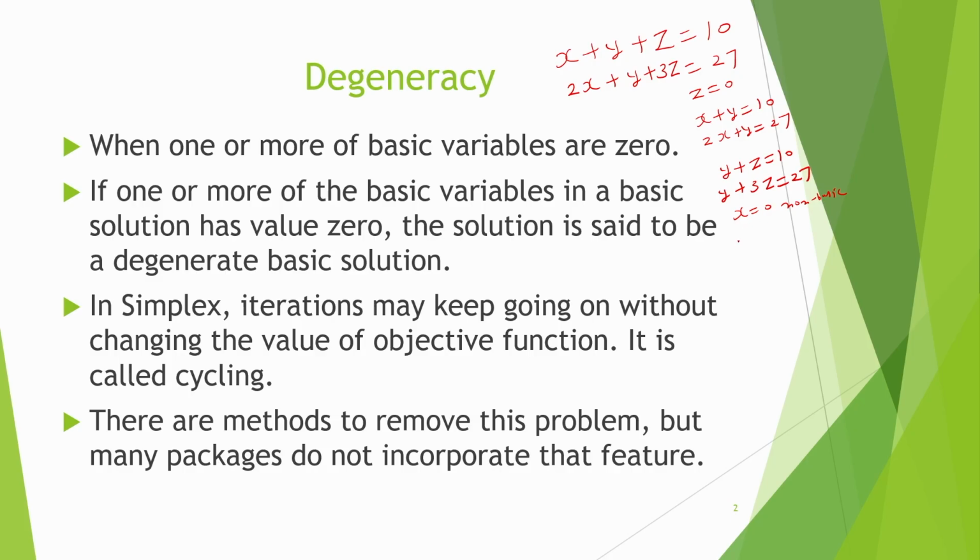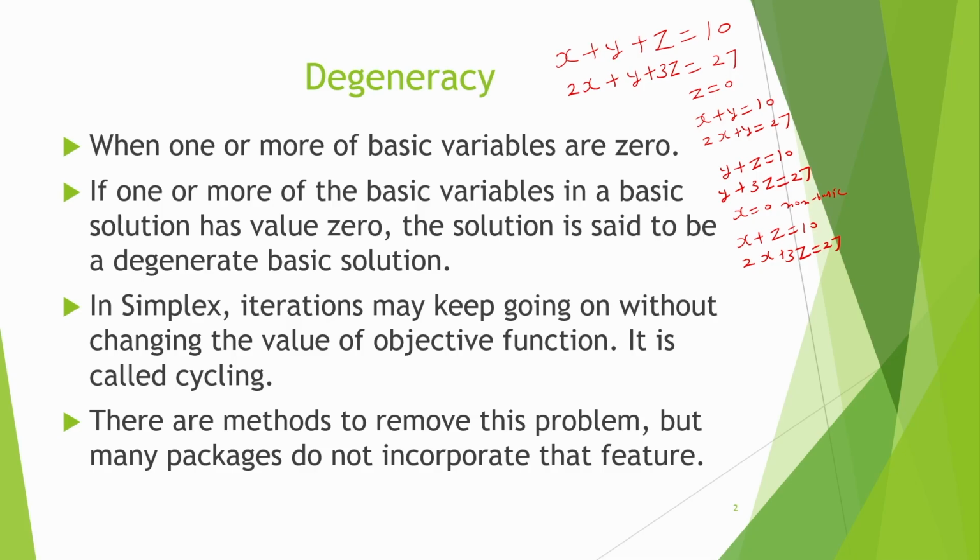I can get even a third basic solution, where I put y equal to 0. So x plus z is equal to 10 and 2x plus 3z is equal to 27. So either I can put x equal to 0, or y equal to 0, or z equal to 0. Whichever I put 0 is called non-basic, and the remaining variables are called basic.